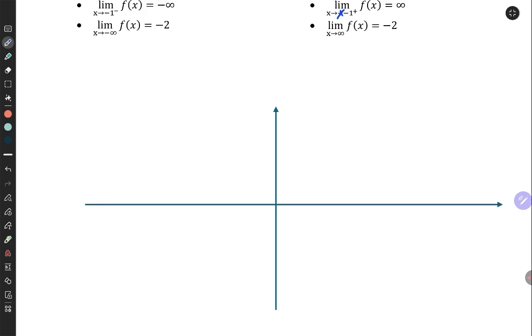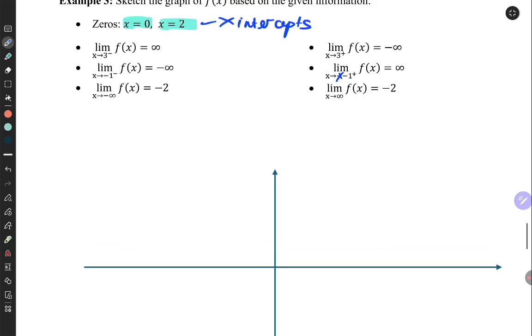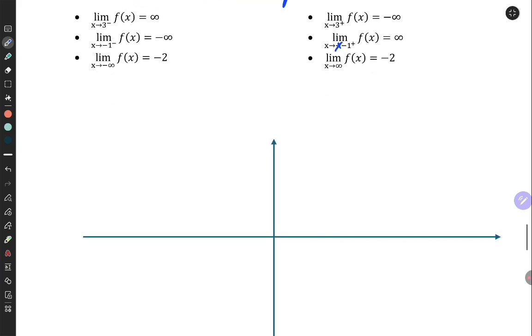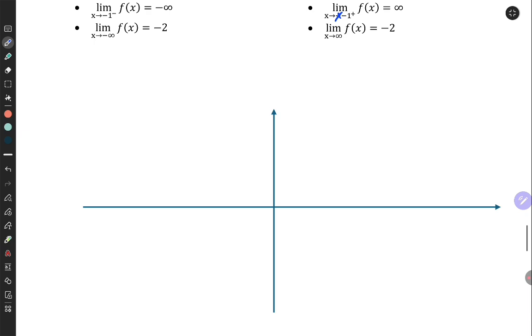Hold on. Let me put it back. On the right of 3. Actually, right here. Oh, it's negative. So it's going to go down. So down there. Yep, correct. Put it down and curve that. Correct. There you go. Beautiful. That's how you graph from given information, right?